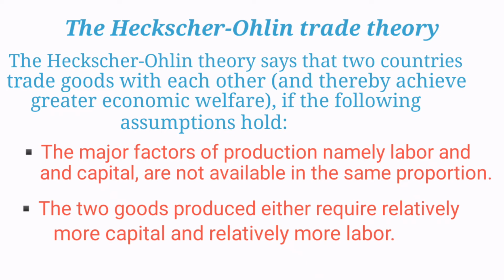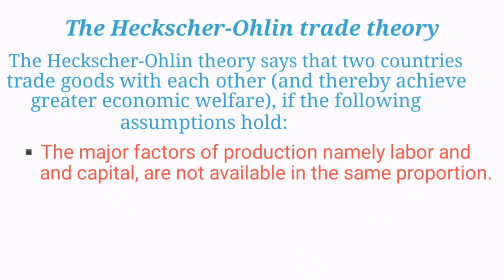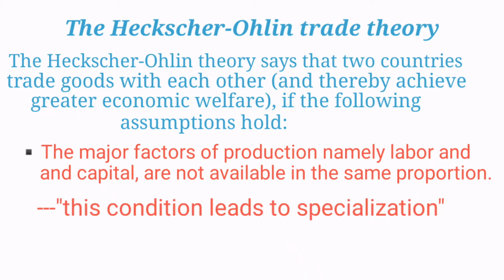The major factors of production, namely labor and capital, are not available in the same proportion. This condition leads to specialization. I've been mentioning it in the introduction of Heckscher-Ohlin trade theory.